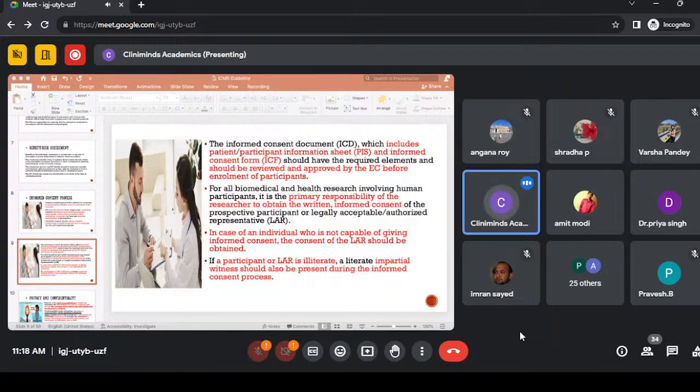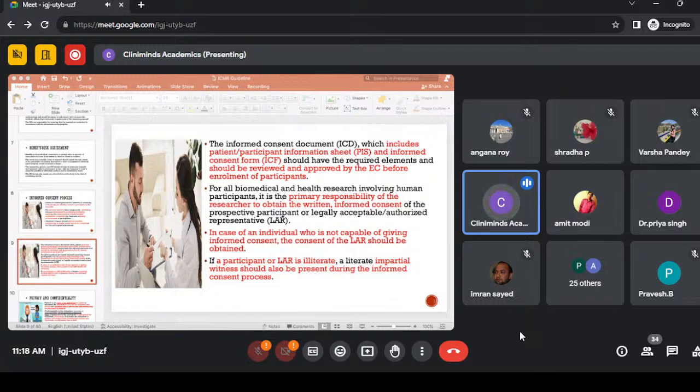Or if there is some visual impairment, because of the literacy issue or because of visual impairment, they are not able to read the document, or they are not able to sign the document, then in that case, we need an impartial witness.